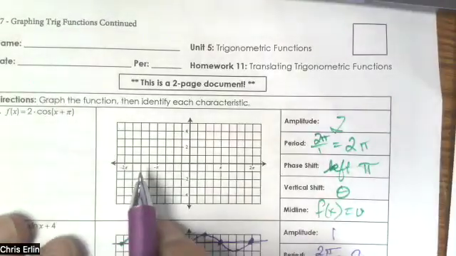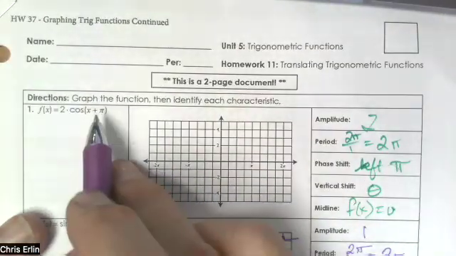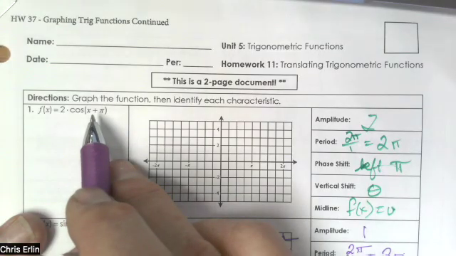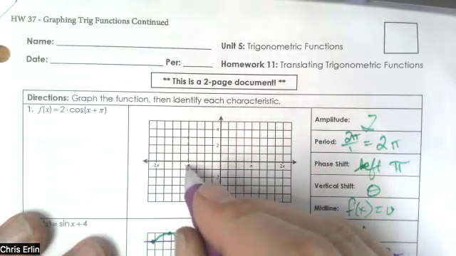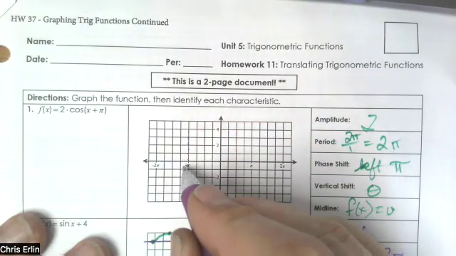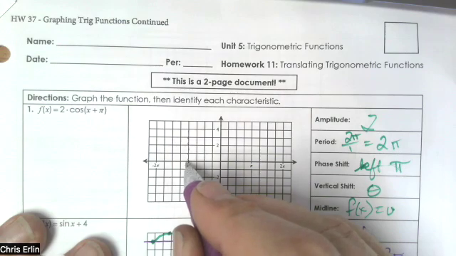So let's come back to this one. This has a phase shift to the left pi. So I'm going to move over here to this, and I'm just going to visualize that this is now my origin spot right here. What do I do at the beginning of cosine, at the origin? Is it a max, a 0, or a minimum?